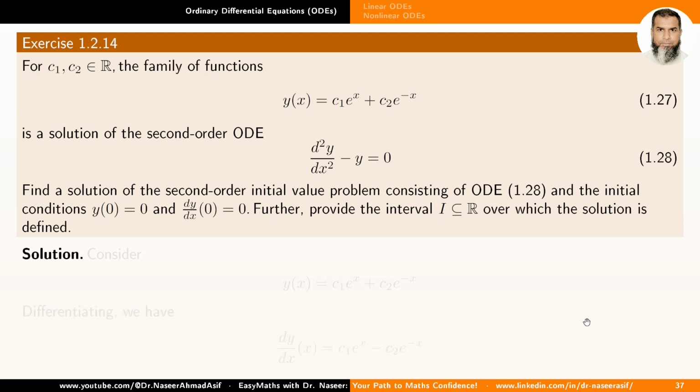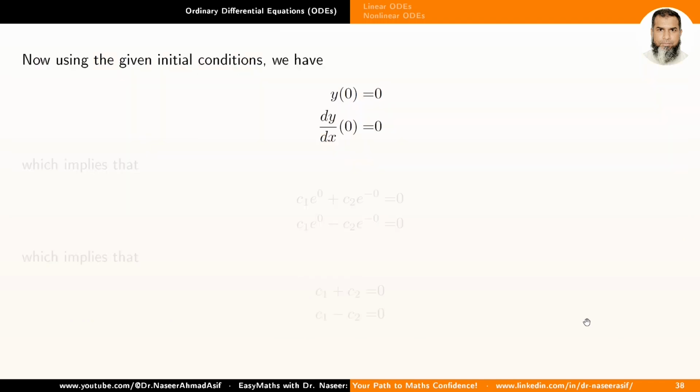Well, see solution. Consider y of x equal to c1 exponential x plus c2 exponential minus x. Differentiating, we have dy by dx of x is equal to c1 exponential x minus c2 exponential minus x. And using the given initial conditions y of 0 is equal to 0, dy by dx of 0 is equal to 0, we have c1 exponential 0 plus c2 exponential minus 0 is equal to 0, c1 exponential 0 minus c2 exponential minus 0 is equal to 0.